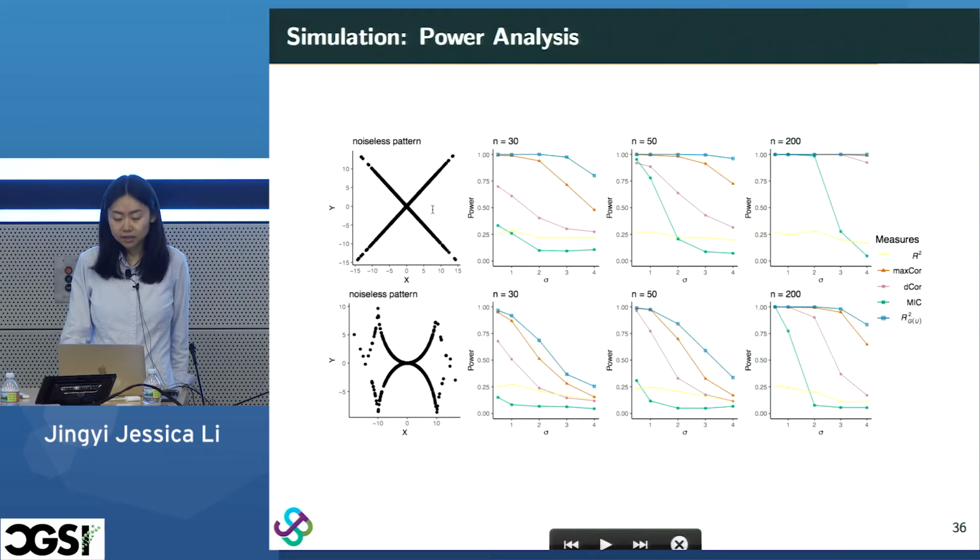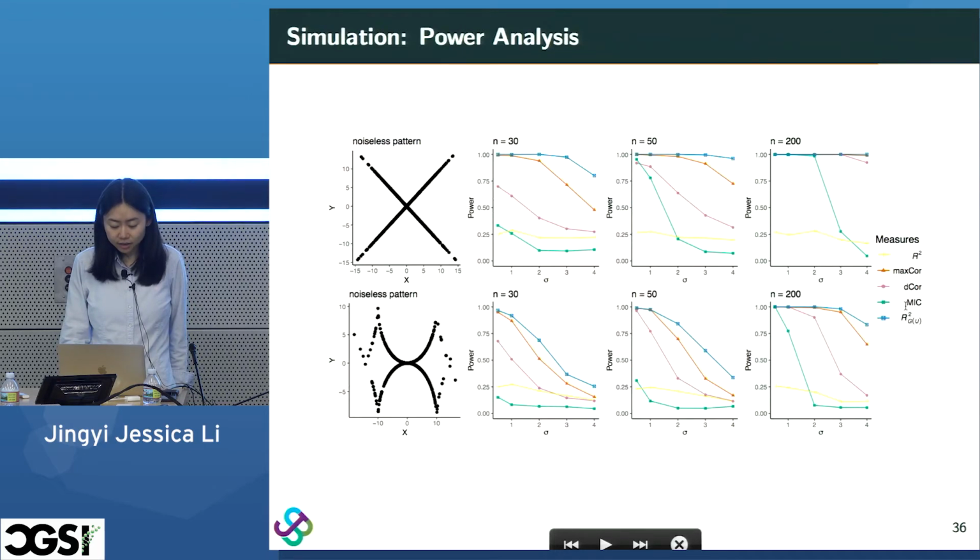It is the best and better than existing measures, including Pearson R-square, which is pretty bad here, and also maximal correlation, distance correlation, and another method called MIC, which was published in Science in 2011. So this quick power analysis shows that our measure is powerful for capturing such patterns.